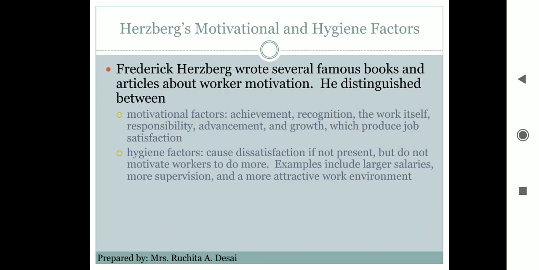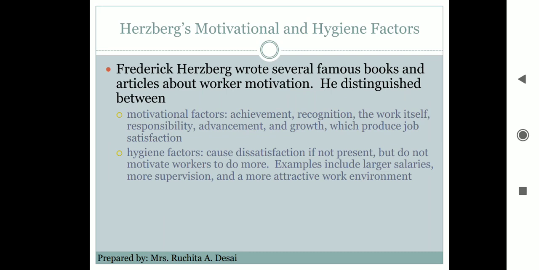The next is Herzberg's motivation and hygiene factors. This theory discusses two factors, the motivational factors and hygiene factors. What are the motivational factors? The achievement, the recognition, the work, the satisfaction, the responsibility, etc. And the hygiene factor causes dissatisfaction if not present.